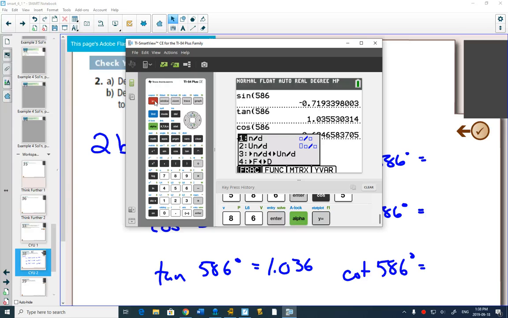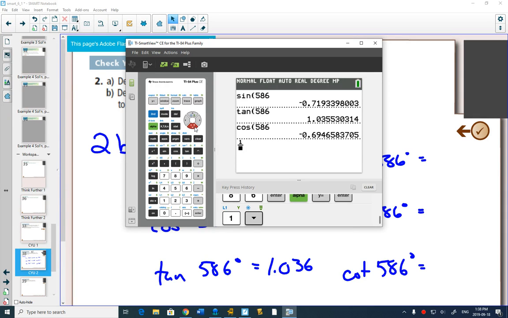If it does, and you push enter, it allows you to write fractions. Fractions are really nice because I can go now 1 over, and I can write sine of 586, and have that on the bottom of my fraction, and that's going to find cosecant.